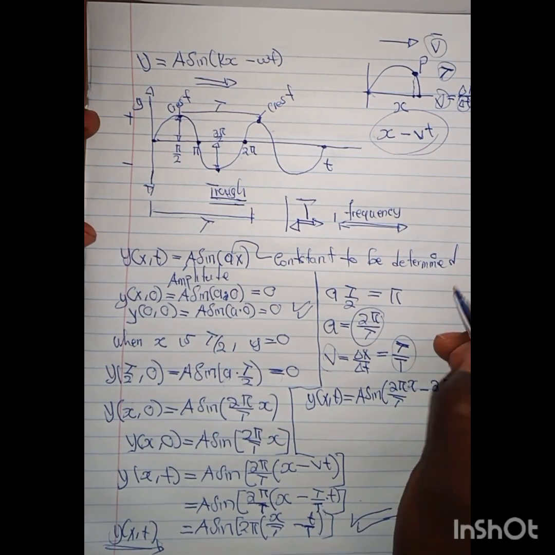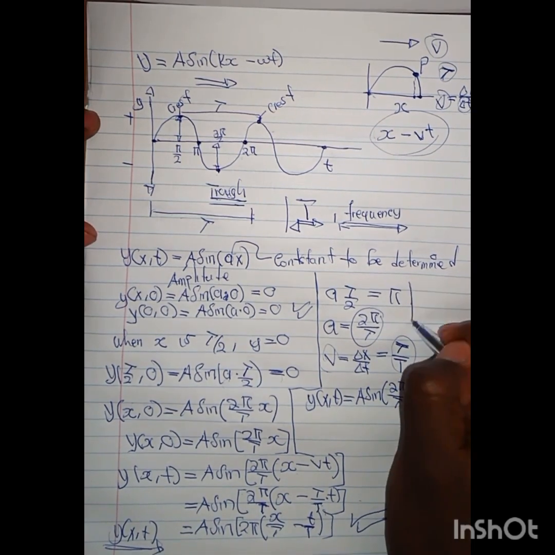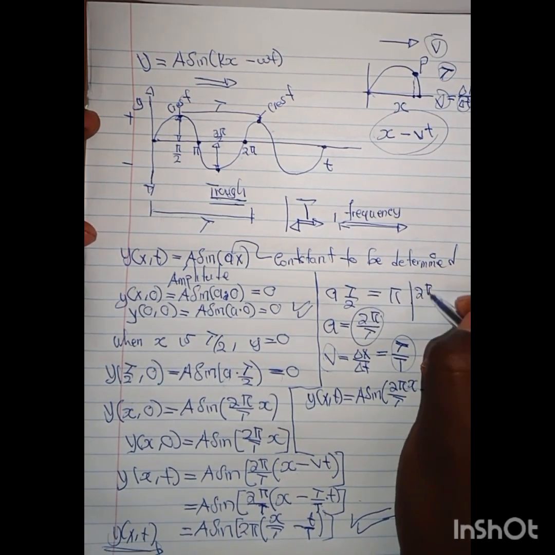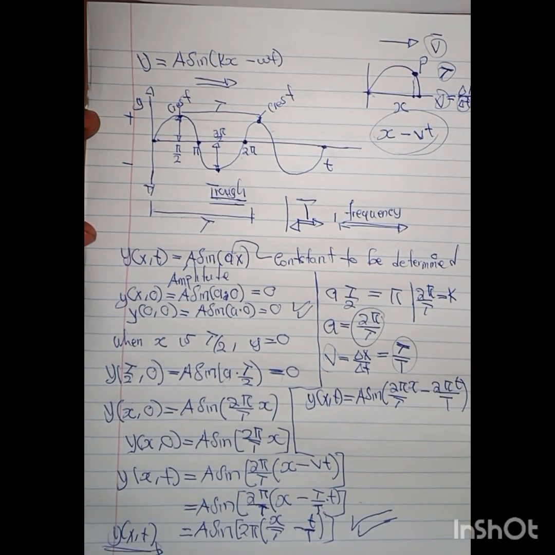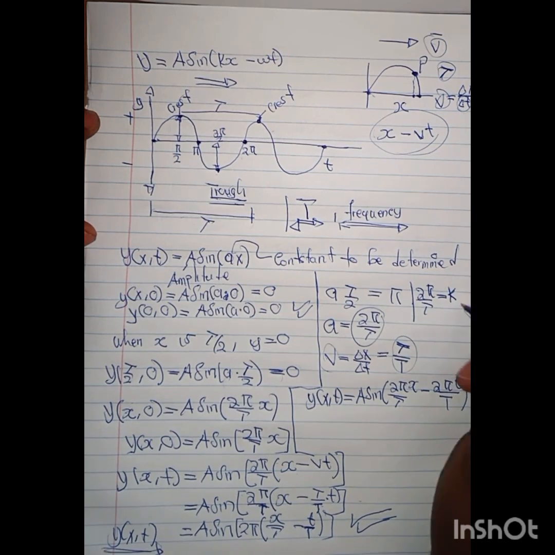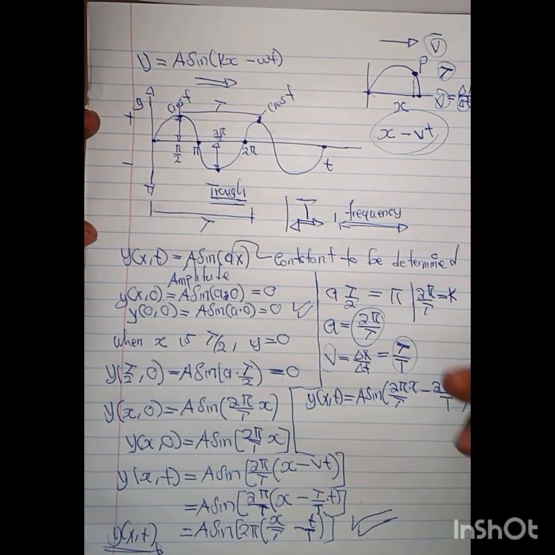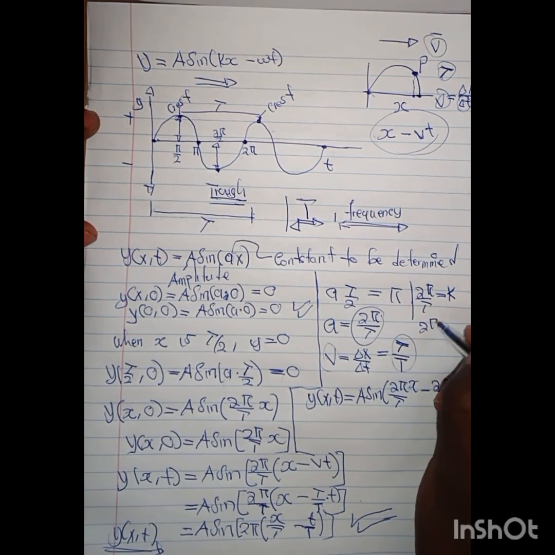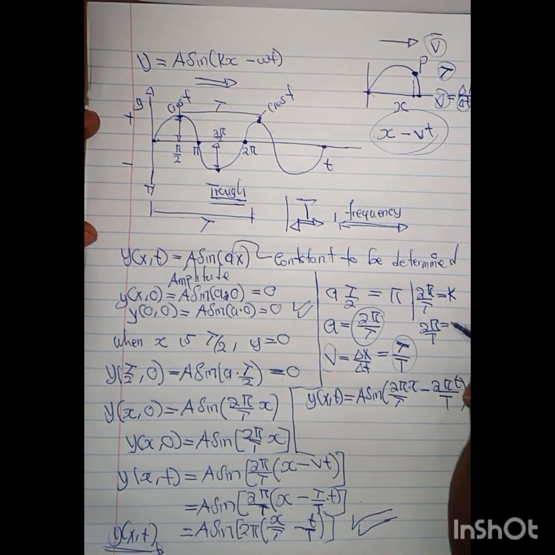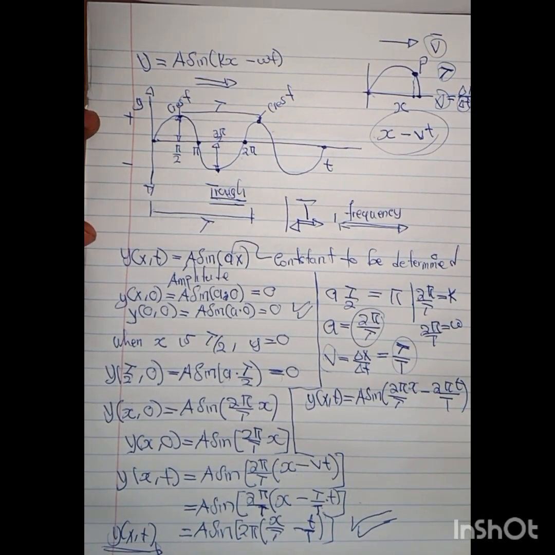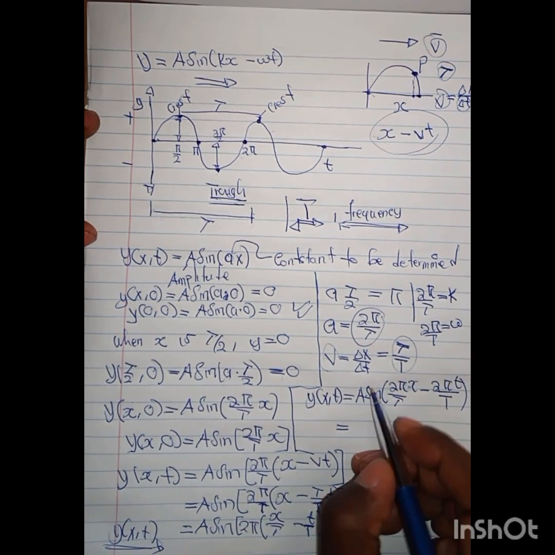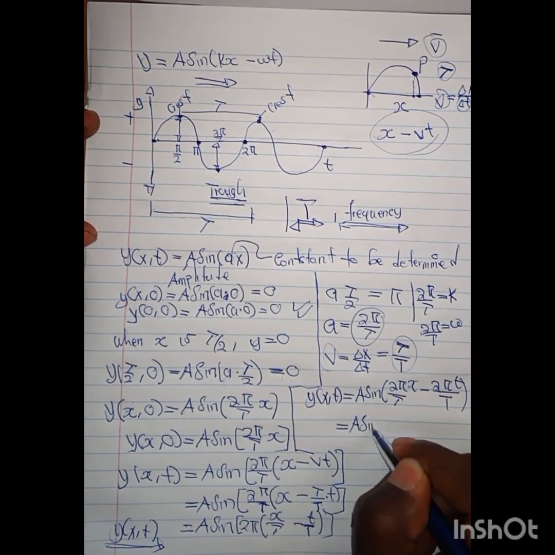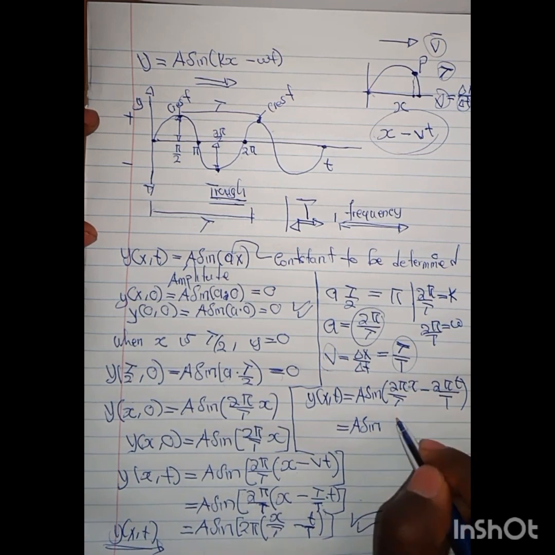Remember, 2 pi over lambda is nothing but this value k, and 2 pi over T is the angular velocity. So from what we have here, we can now represent 2 pi over lambda in terms of k.